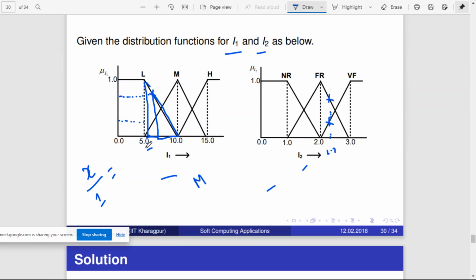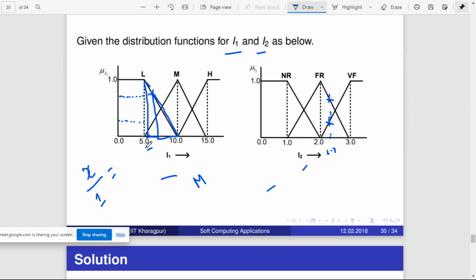Okay, maybe we have to do it reversely. Assume this is delta 1 and this entire thing is delta 2. If this is delta 1, then the distance is 10 minus 6, which is 4. So 4 by 5. What is 4 by 5? 0.8. Yes, that is how we got this 0.8.